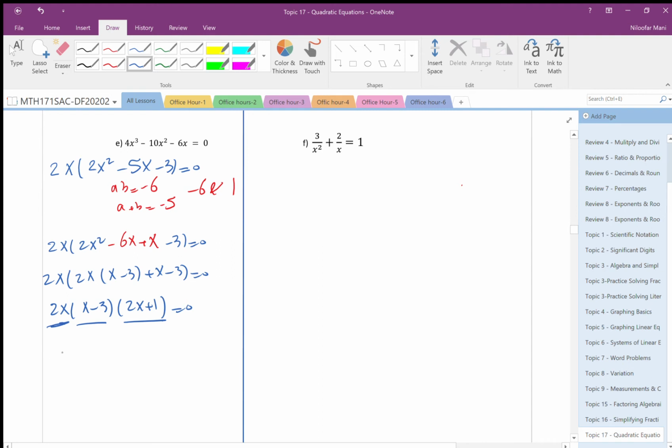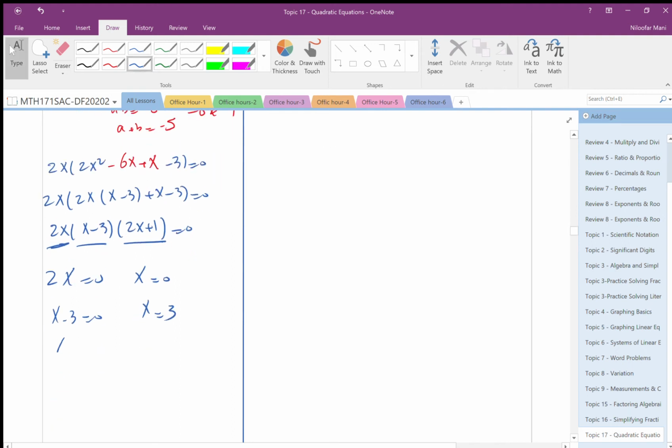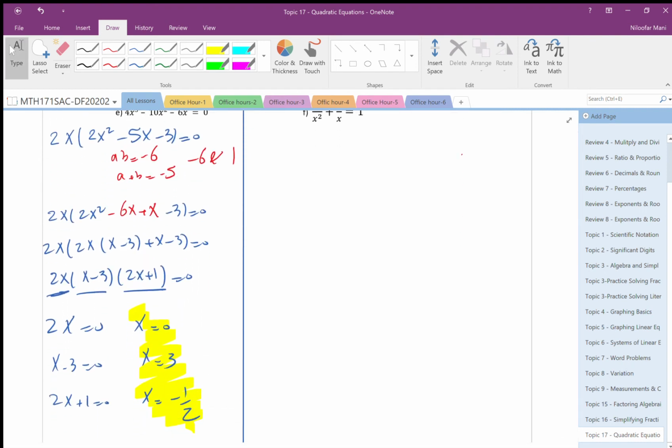So it's x equals 0. x minus 3 equals 0, x equals 3. And 2x plus 1 equals 0, x equals minus 1 over 2. Yeah, perfect.